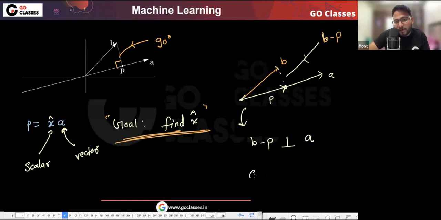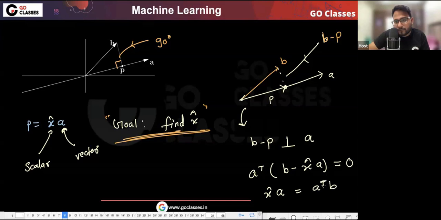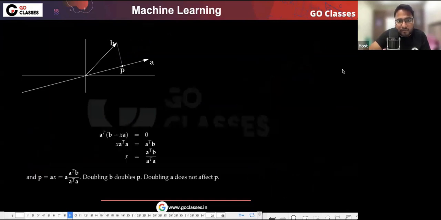So you can say that a transpose times b minus x cap a, the dot product of a and this particular vector, will be 0, right? So hence, x cap, which is a scalar, times a transpose a is equal to a transpose b. I think I did it correctly, or is there something wrong?